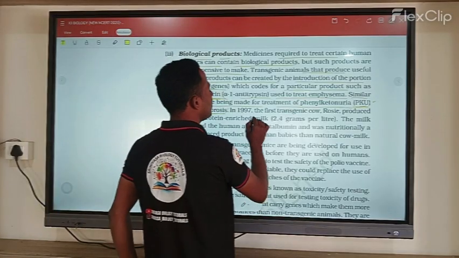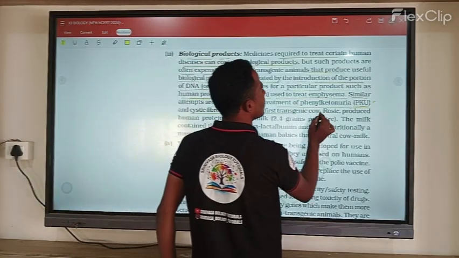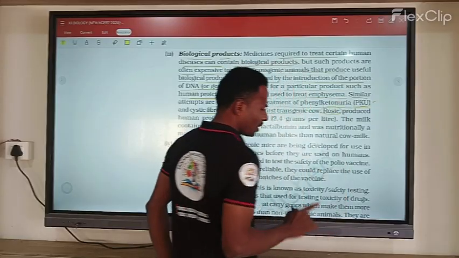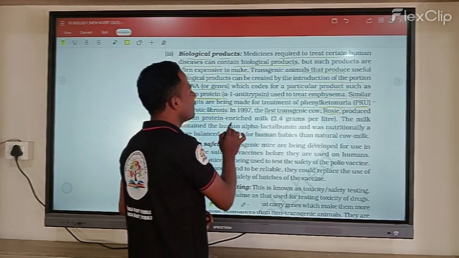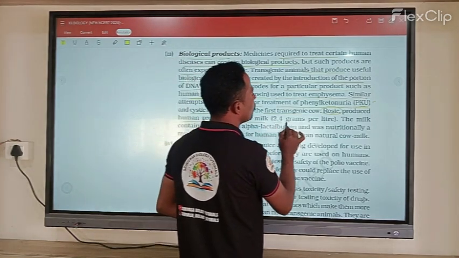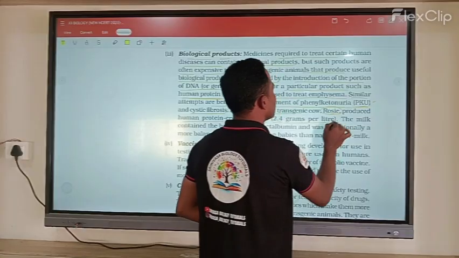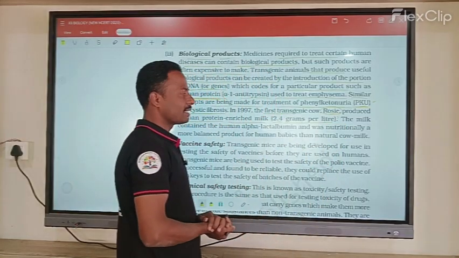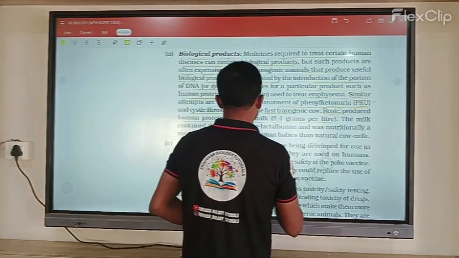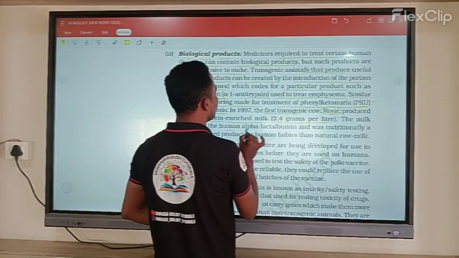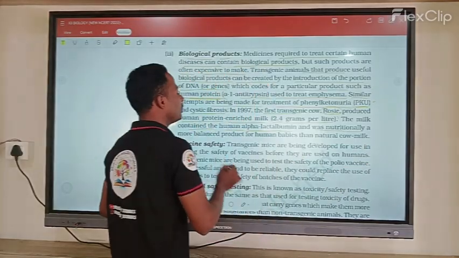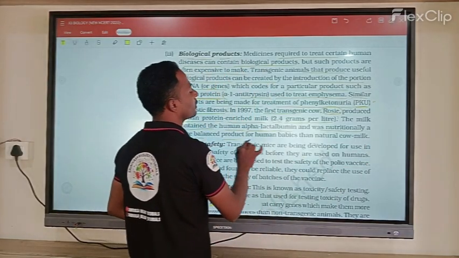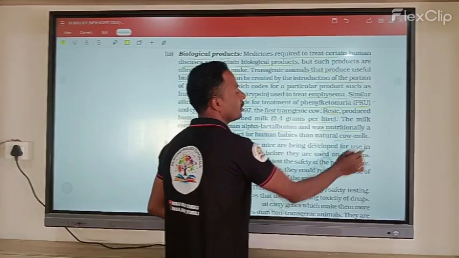In 1997, the first transgenic cow was Rosie. She produced human protein-enriched milk, 2.4 grams per liter. The milk contained human alpha-lactalbumin, and it was a nutritionally more balanced product for human babies than natural cow milk.